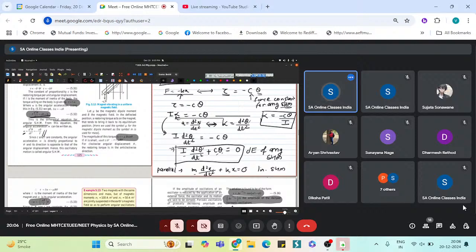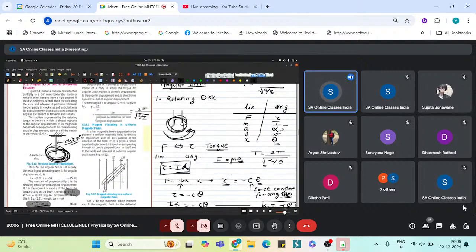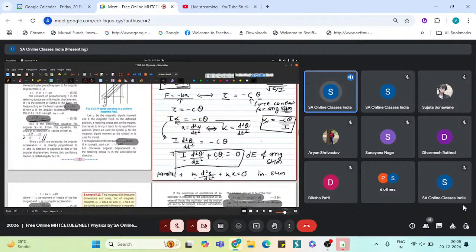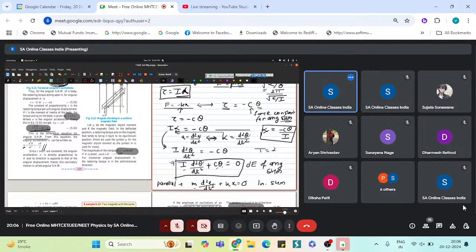And we saw alpha is this, so alpha divided by theta is just going to be minus c upon I. And we'll not take minus here, of course, because time period we don't consider negative. So we'll just take the scalar value, and this will be 2 pi upon c upon I. So this is just equal to k upon m that you had seen in the linear motion. And then there's no space here, so I can just write T is equal to 2 pi into root of I upon c. So this is the formula.